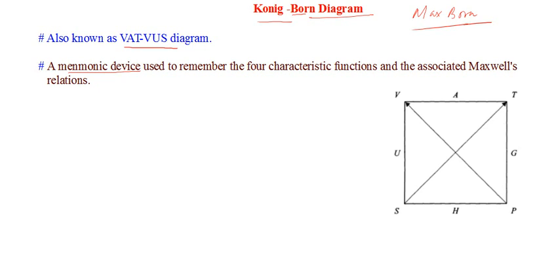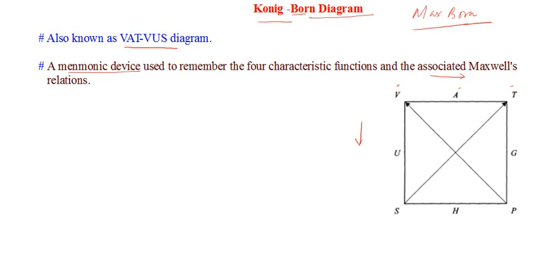When you look at the square here, you can see some labels. Can you see VAT here on the top? If you read it from the bottom, that is WAT, and if you read it downwards in the column, that will be VUS. So it is the Watt-Woos diagram. These are all memory techniques, that's all.